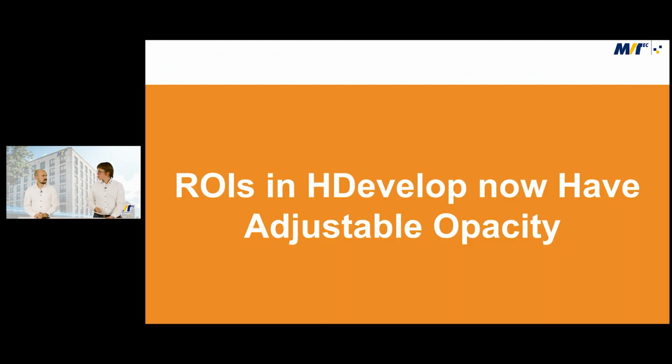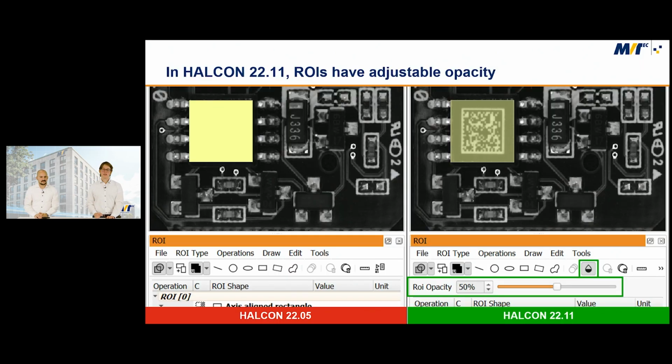ROIs have also improved, or at least the ROI window has been extended with a slider now controlling the ROI opacity. This is a global parameter, so this applies to all ROIs that you will configure in your program. The default setting is now 50% opacity.